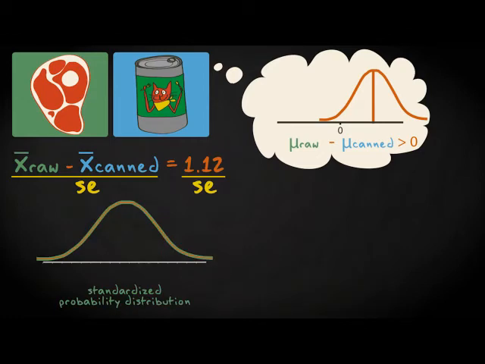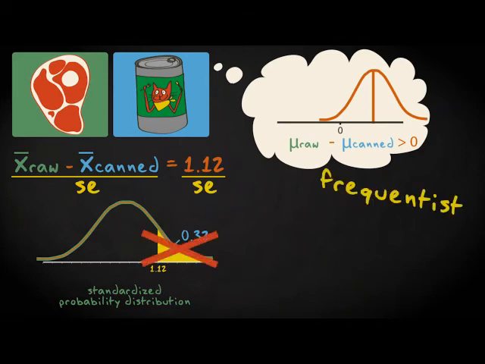It would be great if we could now say, for example, that based on the sample difference of 1.12, the probability that a true population difference favoring a raw diet exists is 0.32. Except it doesn't work that way, at least not using frequentist statistics. We simply can't calculate this probability because we don't know where the probability distribution lies.